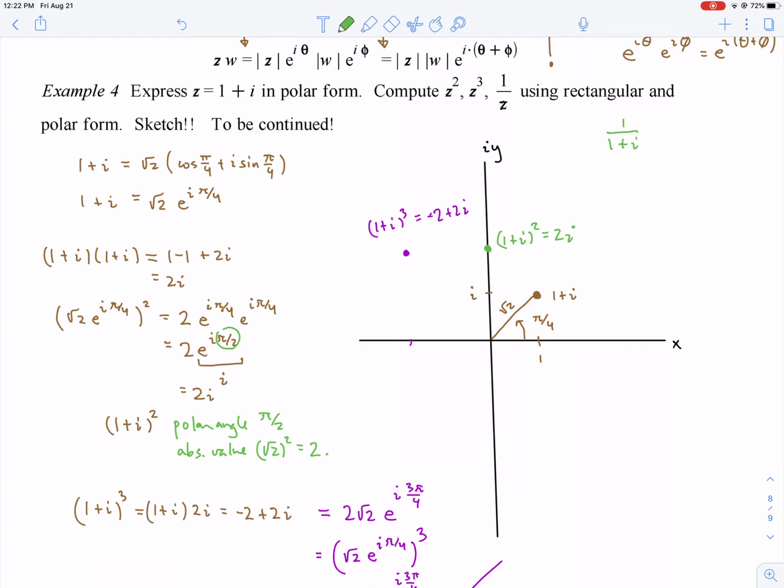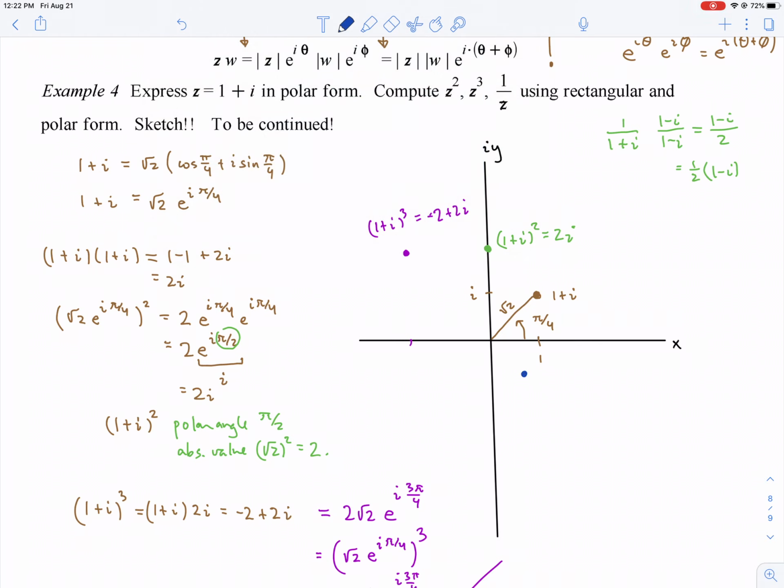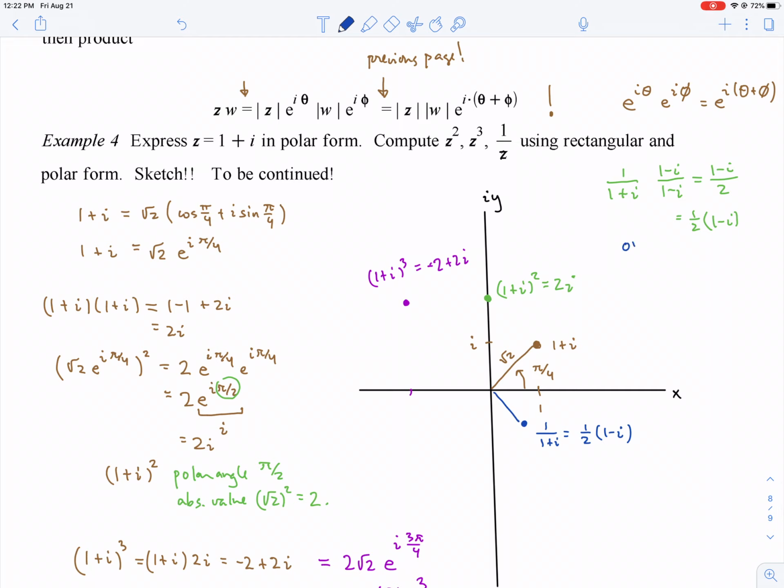One over 1 plus I: to compute it, we multiply by 1 minus I over 1 minus I. That gives us 1 minus I over 2, which is 1/2 times 1 minus I. So 1 over 1 plus I was 1/2 times 1 minus I, or I could have done it in polar form, 1 over root 2 e to the I pi over 4.